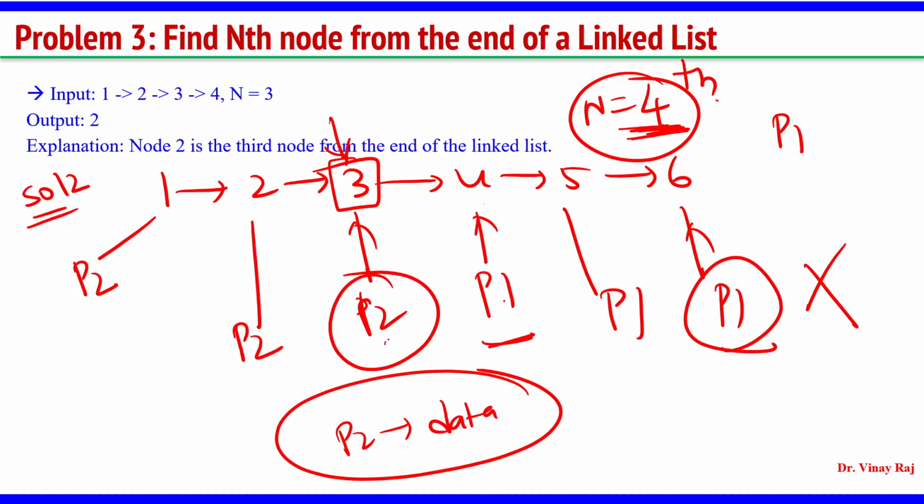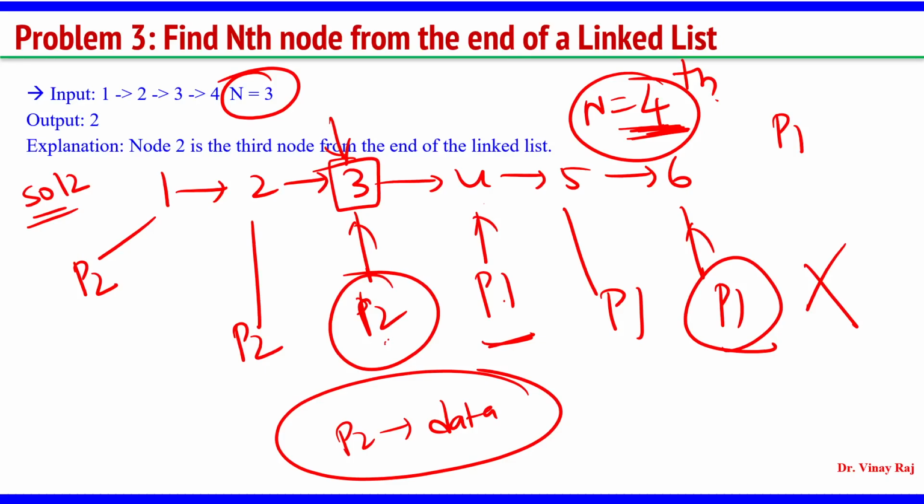Okay, so you can follow any solution; the time complexity is the same. Solution 1: find out the length of the whole list, subtract the n value from that, and iterate that many times. Or else do this: given the n value, move the fast pointer n times and stop it there. Then from there, until the fast pointer next is null, keep moving both P1 and P2 one step ahead: P2 equal to P2 next, P1 equal to P1 next.